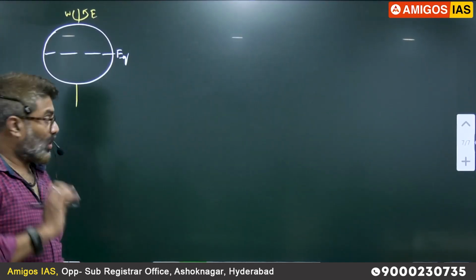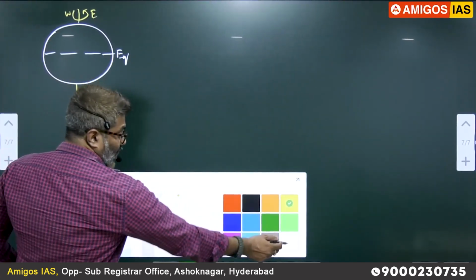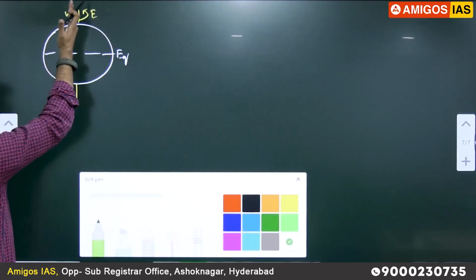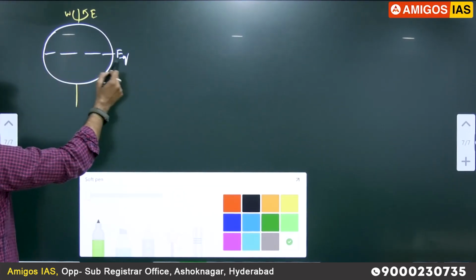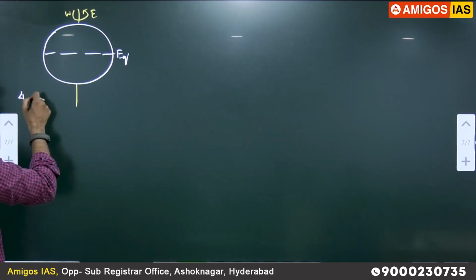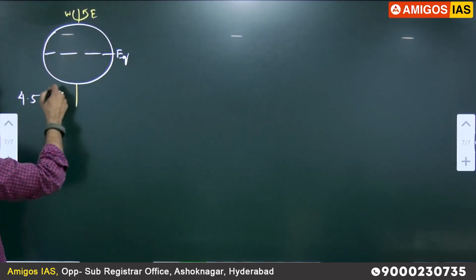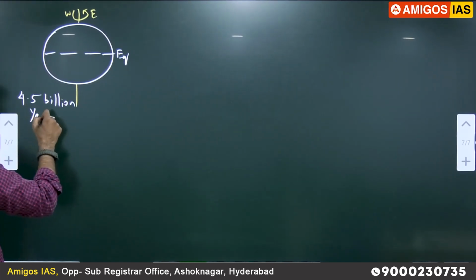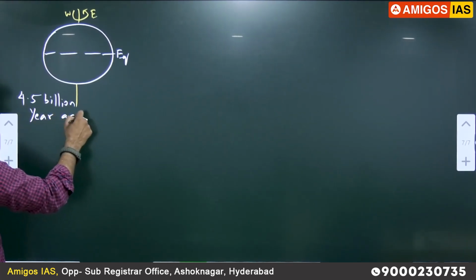Notice this. It was like this. Let's see this now. When our planet was here, notice this please, all of you, we had an axis like this. This is equator. I am talking about just after the formation of our solar system, around 4.5 billion years ago.